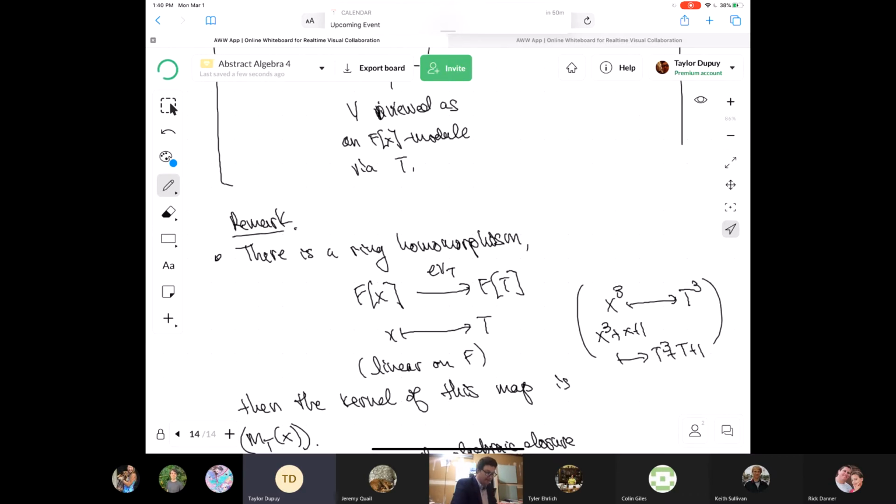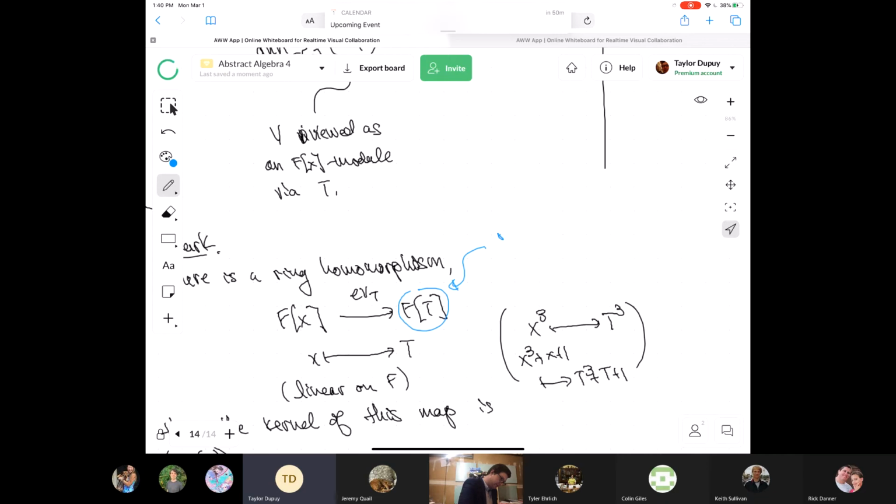So what is this thing anyway? This ring here is just a ring of operators on V built from T. They're all linear transformations, right? Yeah, these are all linear transformations. It just happens that you can compose these linear transformations.